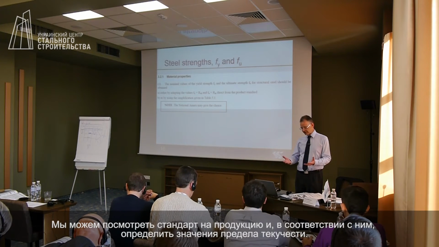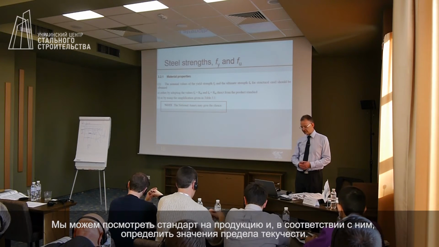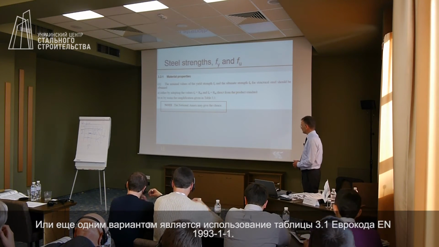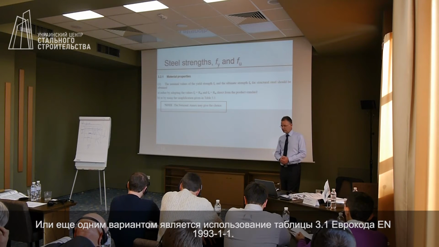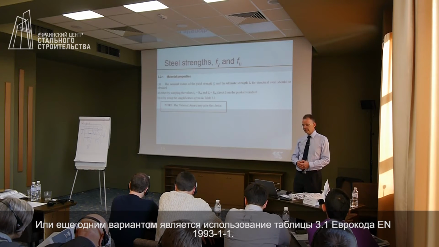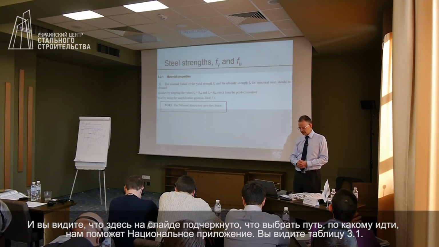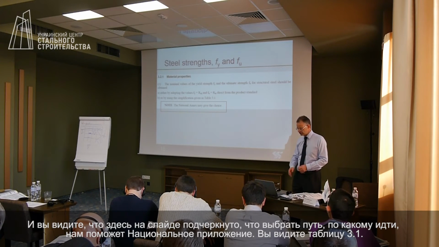We can look in the product standard and we can determine the yield strength from the product standard. Or another option is that we can use table 3.1 from the Eurocode. And you'll see the highlights here. The national annex may give the choice.